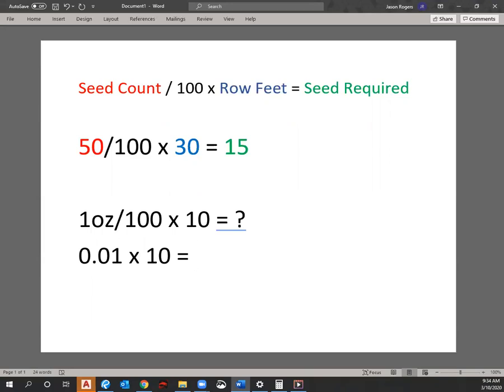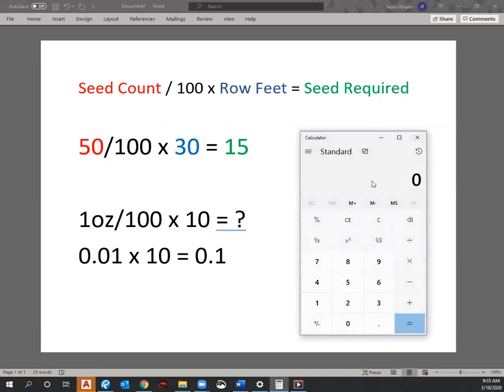Oh, thank goodness for that little lesson, right? So this is going to be 0.1 ounces. Let's make sure that works out. So 1 divided by 100 equals that times the 10 feet we have equals 1/10 of an ounce.